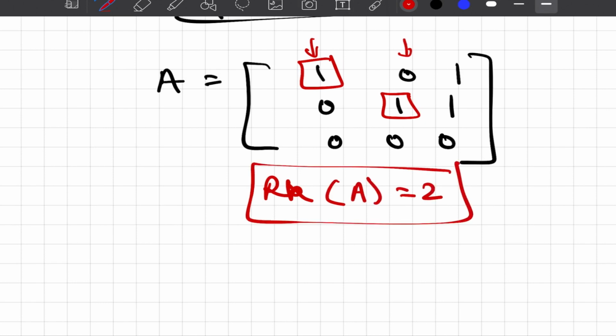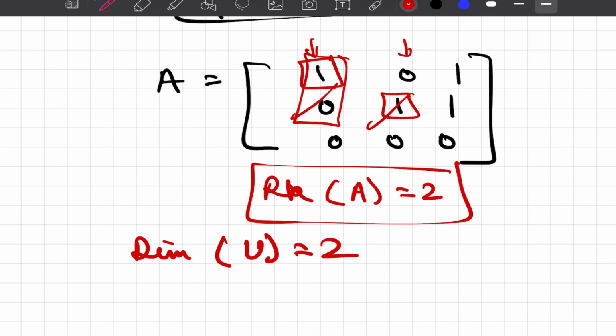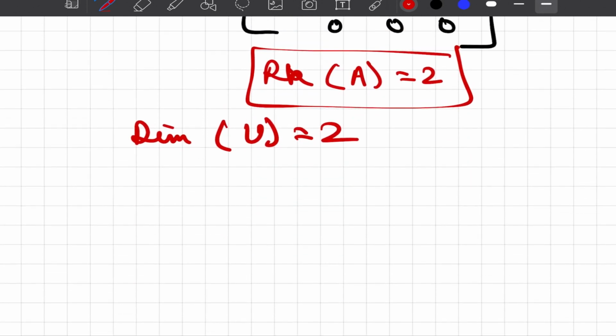It is very clear that we can derive any other row or column using the first 2 columns, and we have already seen that these also look like the standard basis in our case, and hence the rank here is equal to 2. Also, if A is spanning a certain subspace U, then the dimensionality of that subspace is also equal to 2, which is the same as the rank of the matrix.